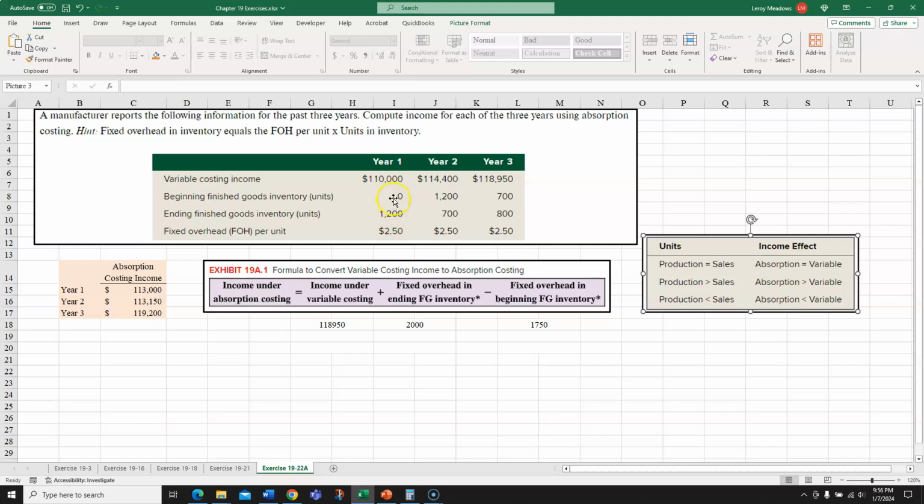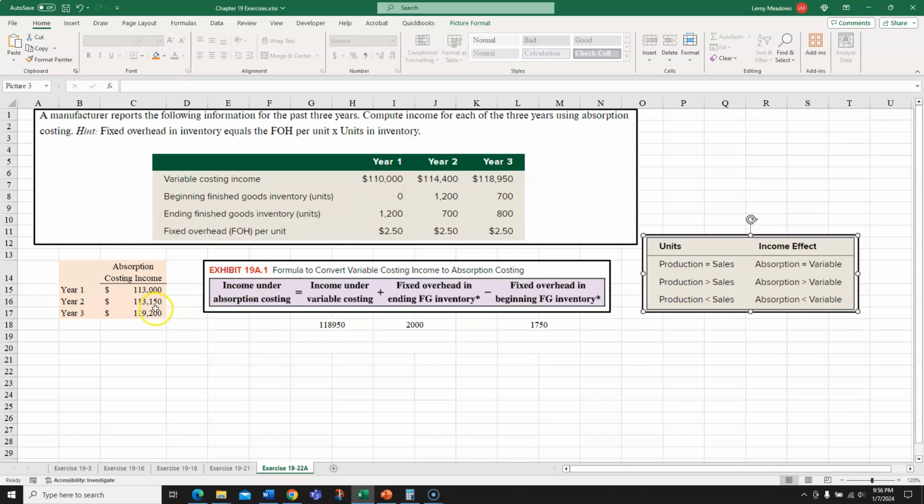Well, in year one we had ending finished goods inventory and no beginning finished goods inventory. So what happened? We produced more than we sold. So our operating income under absorption costing should be greater than operating income under variable costing. And this is greater than variable costing.